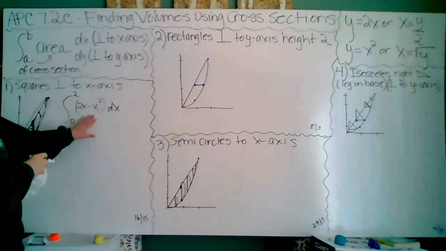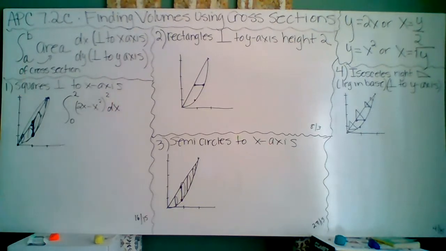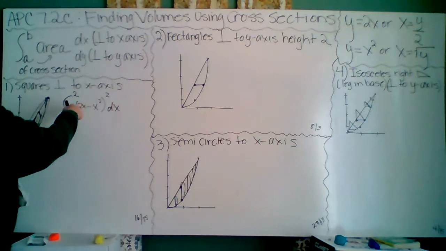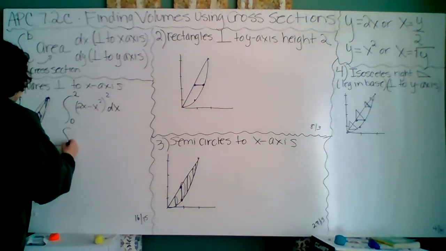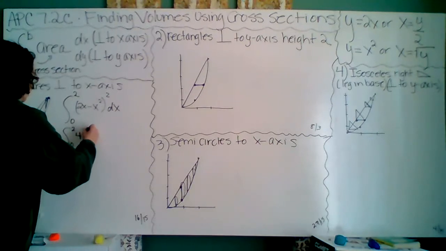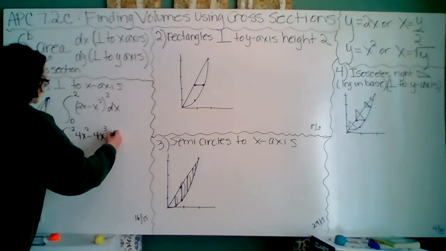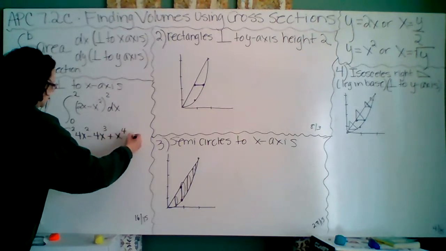So this is a side, here's its length, and it's being squared. The next thing I have to do is actually square this expression. That would be 4x squared minus 4x cubed plus x to the 4th dx.